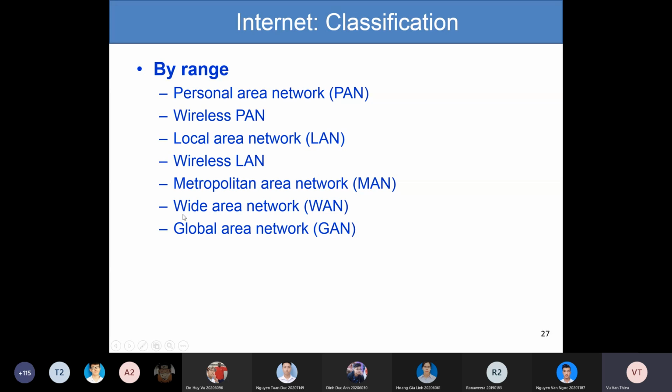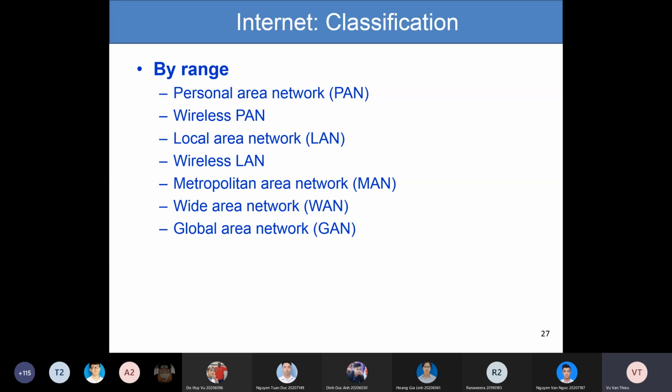One is wide area network. It is a network of computers that consists of thousands of computers and is installed in a city. For example, the networks of Da Nang City, or the networks of Hanoi City. And the last one is global area network.